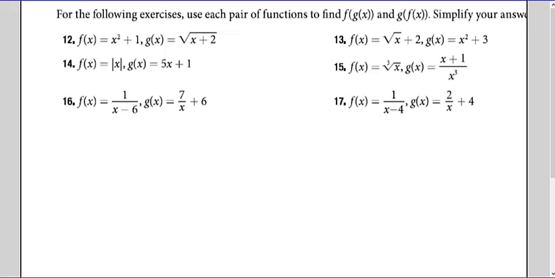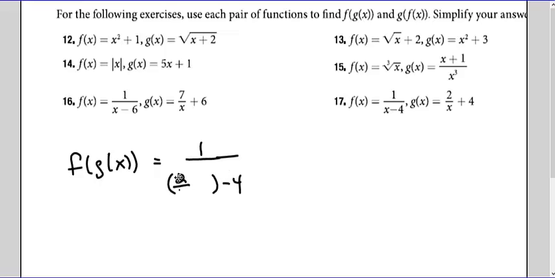And then the last one's kind of like this one, 17. f of g of x. So it's 1 over something minus 4. That something is 2 over x plus 4. So this cancels out that, and we end up with 1 over 2 divided by x.